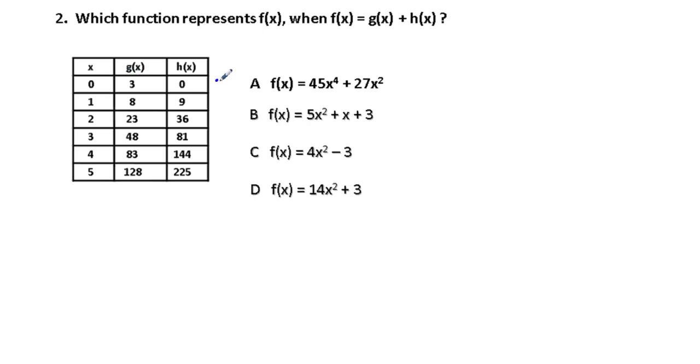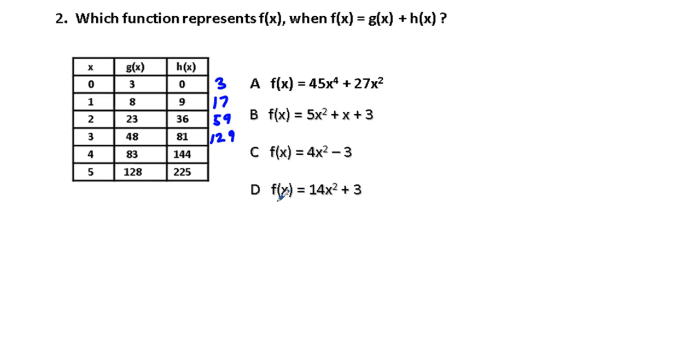So we get 3, 8 plus 9 is 17, 23 plus 36, what was that going to be? 59, and so on. 48 plus 81, is that going to be 129? I think so. And so on.